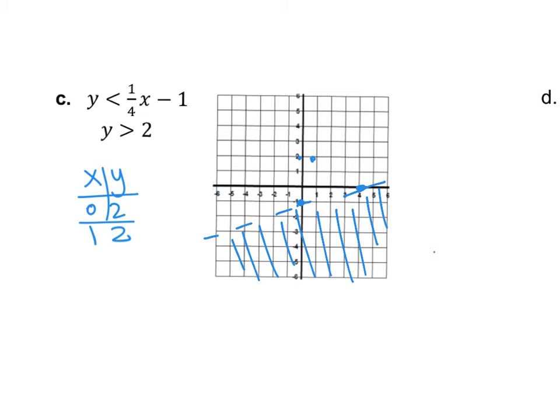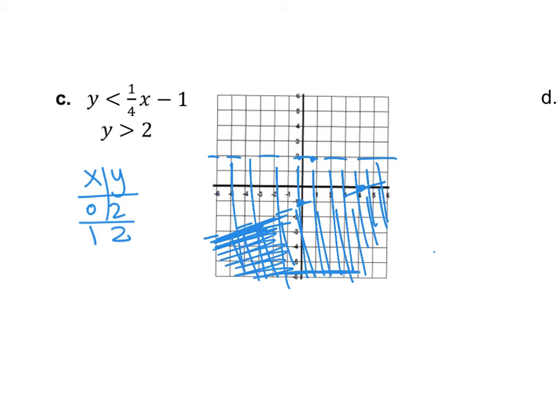So I've got a dashed line, and I'm going to shade going below. Now I'm paying attention to this doubly shaded area. My solution to this one is going to be any place that's in the doubly shaded area. So I'm going to go back over that and really shade that, okay?